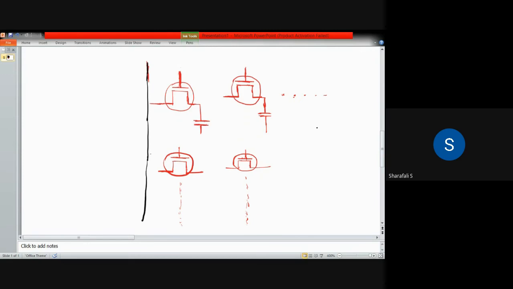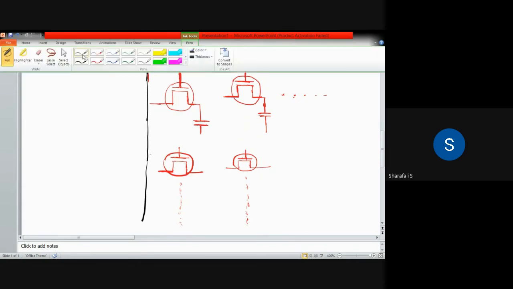Okay, that is nothing but the word line. So this is the word line. Similarly, we will be having the same. Sorry, this one is bit. This is the bit line. This one is the bit line.